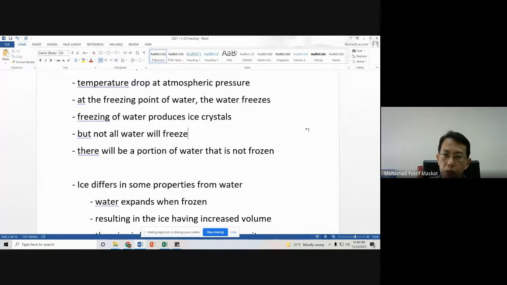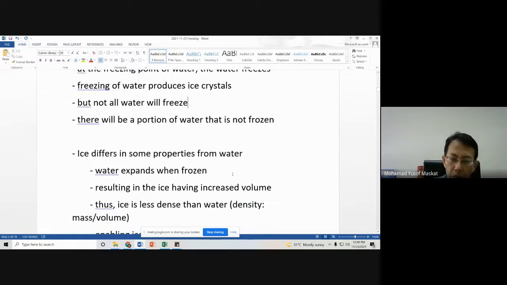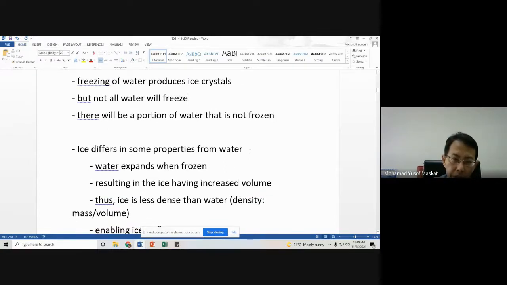But in food systems, there are other solutes that are involved. So theoretically, some scientists' opinion is that not all water can be frozen. There will always be a small portion of water that cannot be frozen. Why? We'll discuss later.